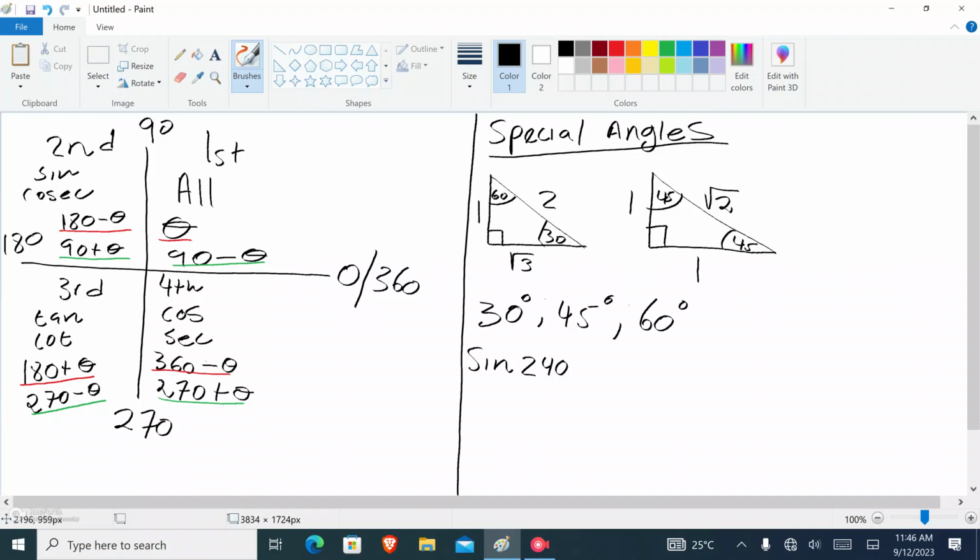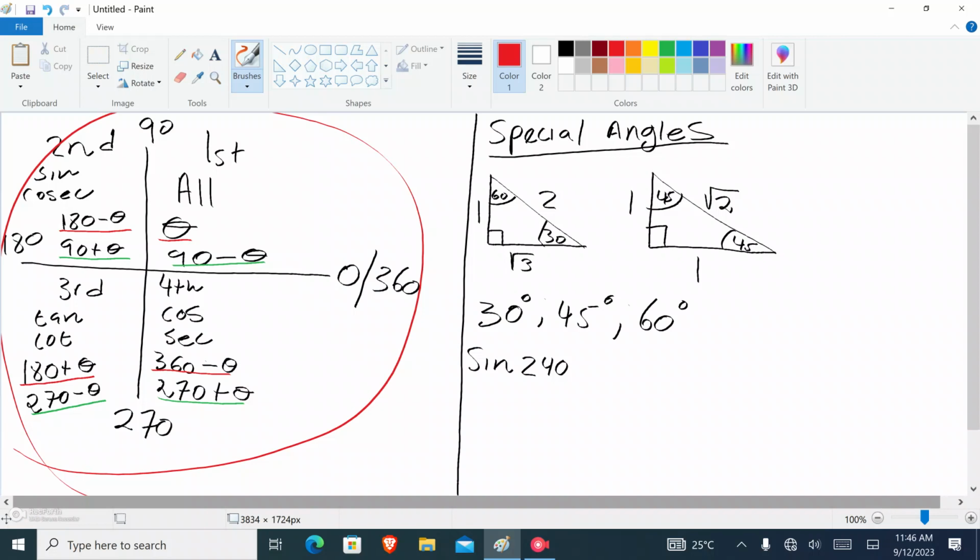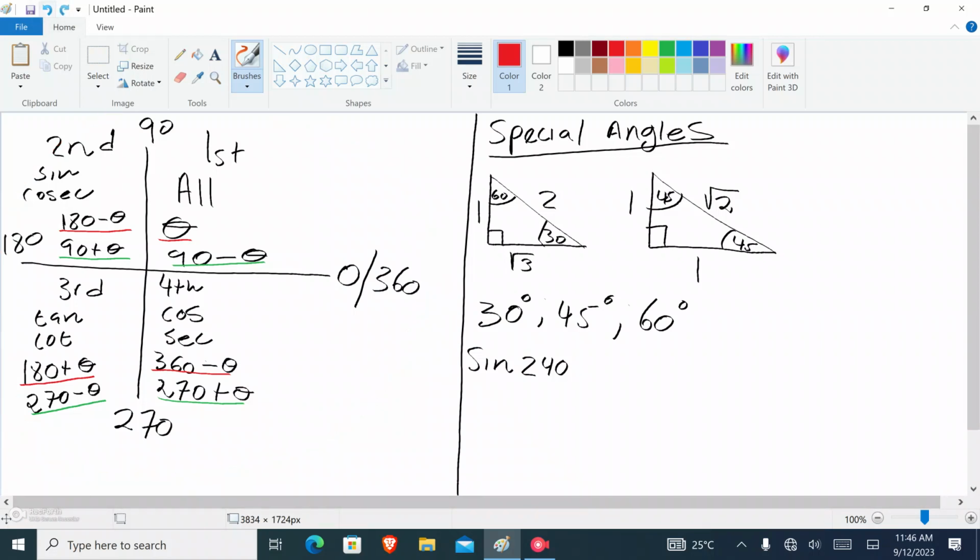First of all, what you need to do is look at your angle. In this case, our angle is 240. Where does 240 lie on our CAST diagram? Remember the CAST diagram, guys. What is the quadrant at which 240 is at?